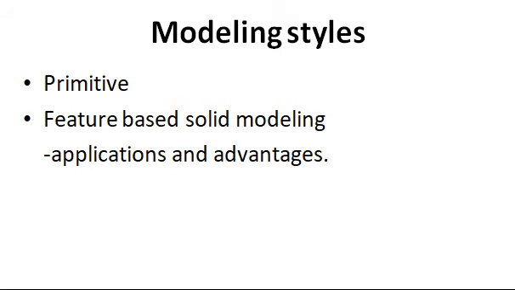What are the modeling styles we can use? We have seen in the previous sessions that we can use solid modeling in two different methods, with boundary representation and the solid merging itself. So one primitive approach is what is already known to you from the basic courses of engineering graphics.